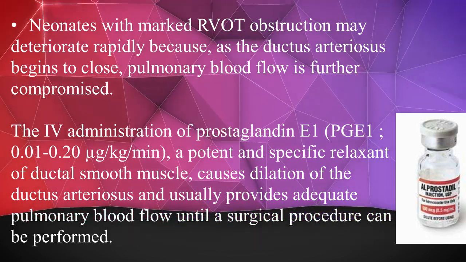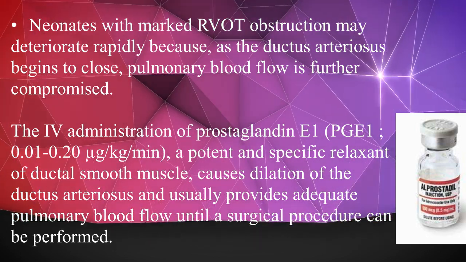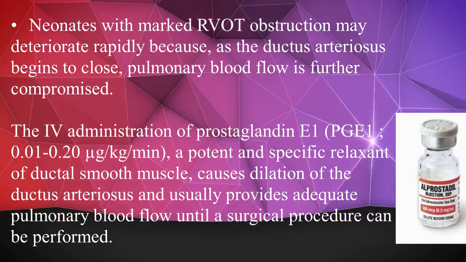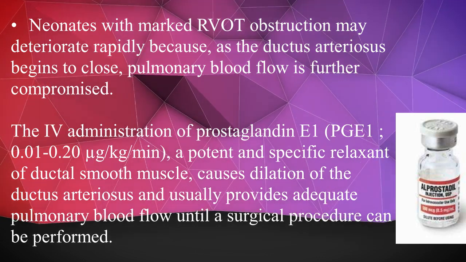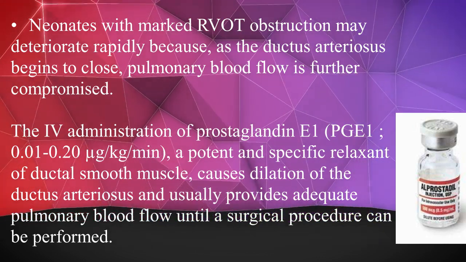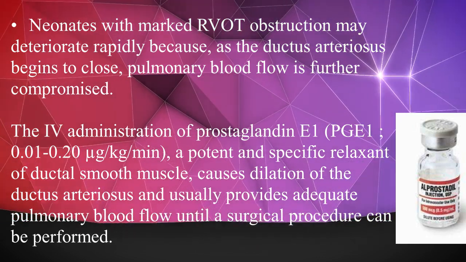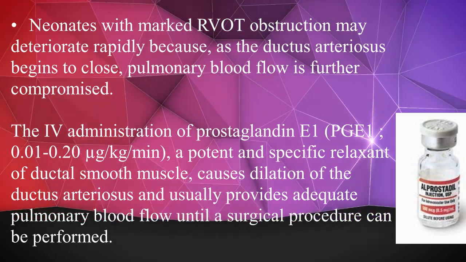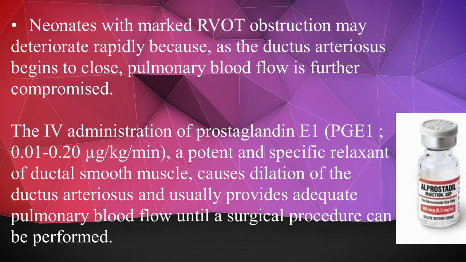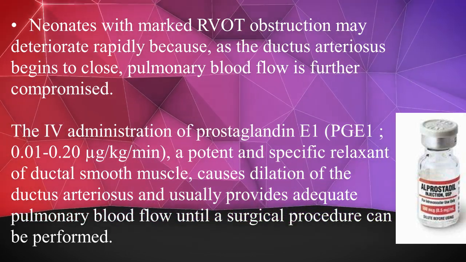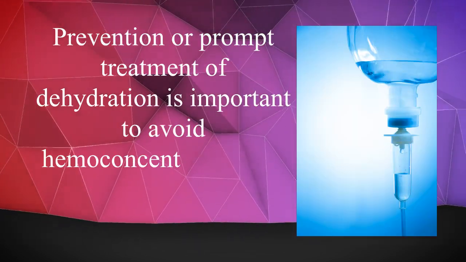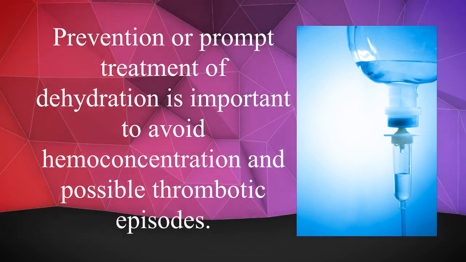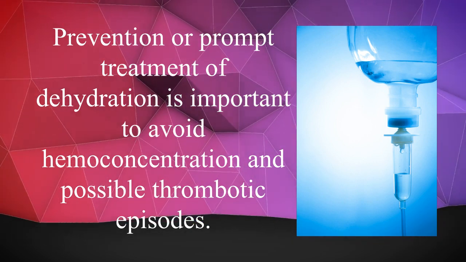The intravenous administration of prostaglandin E1, 0.01 to 0.20 micrograms per kg per minute, a potent and specific relaxant of ductal smooth muscle, causes dilation of the ductus arteriosus and usually provides adequate pulmonary blood flow until a surgical procedure can be performed. Prevention or prompt treatment of dehydration is important to avoid hemoconcentration and possible thrombotic episodes.